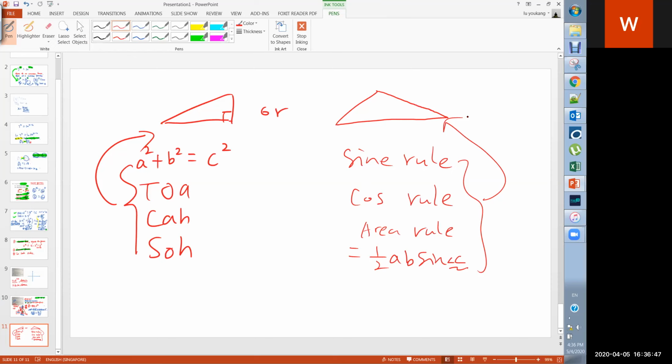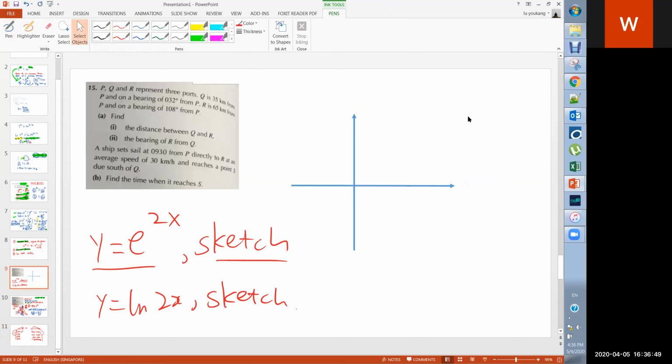And the question here is clearly any triangle.